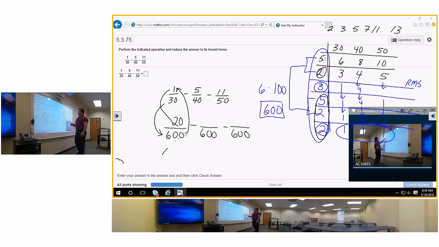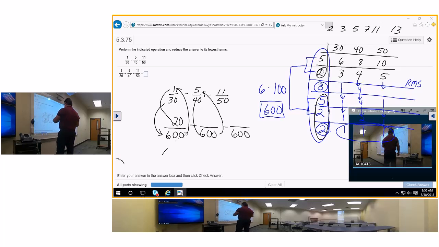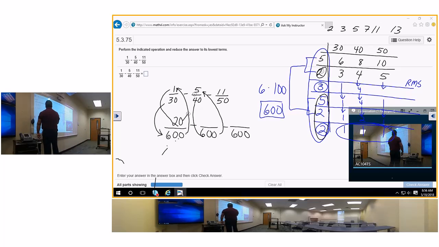So 40 will go into 600 15 times. Make sure I get that right. 2 times 10 is 20, 20 times 2 is 40, so that's 15. Okay? 15 times 5 is 75, I believe. Somebody check me on that.